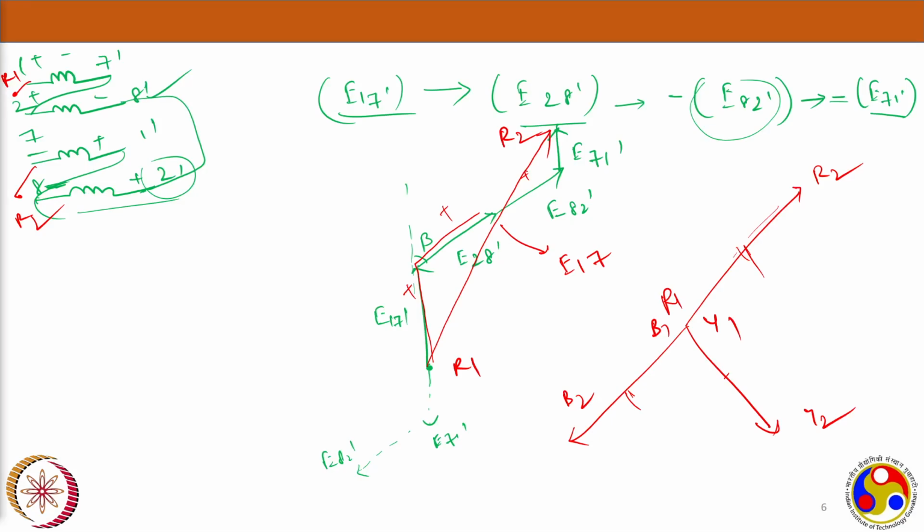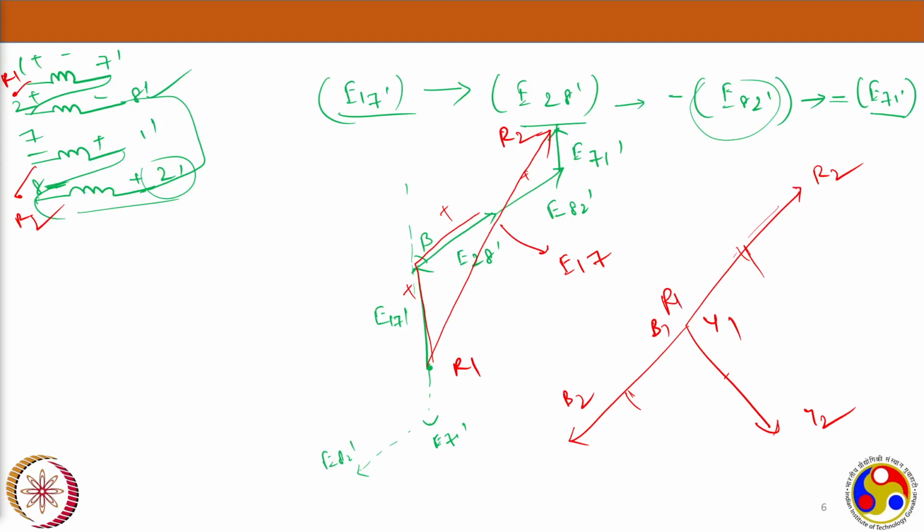So this is an in-depth discussion on the winding. You don't have to worry about much more complex things in the winding, but this is the basic discussion needed for you to understand and visualize how a three-phase winding would look.